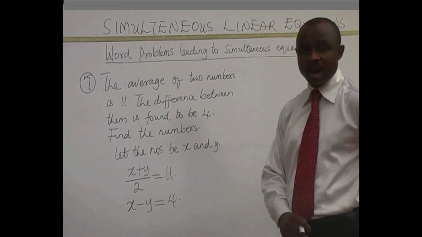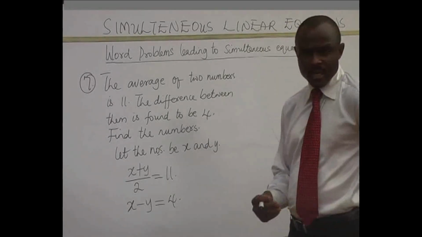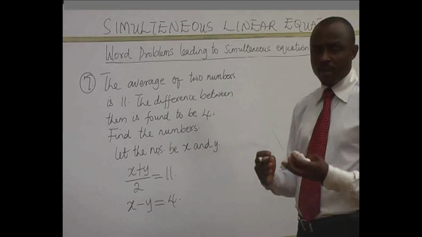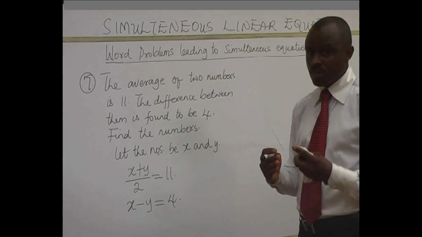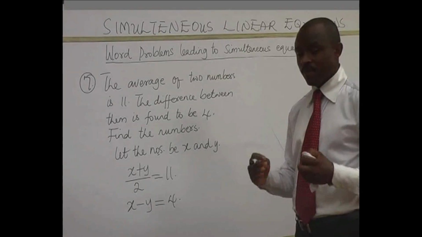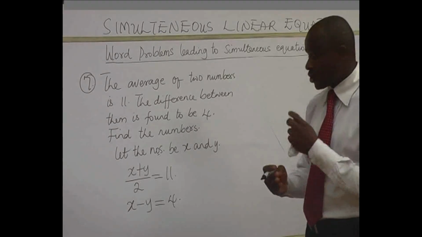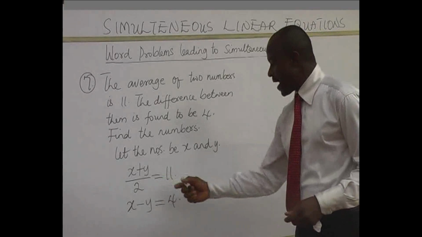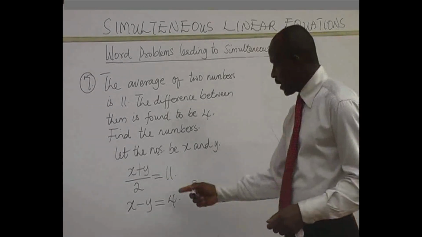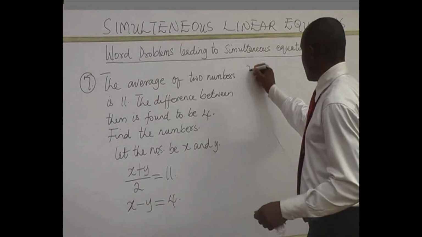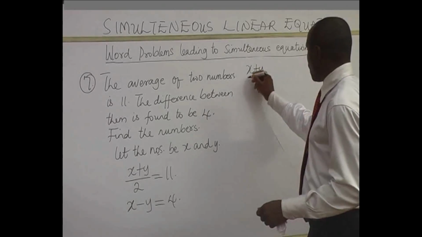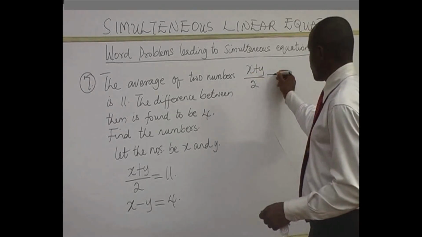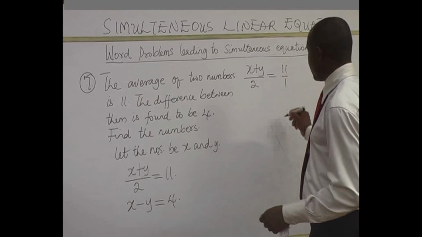If you simplify now, you will go ahead using any of the methods. Don't use the graphical because it takes more time. Use either the elimination or substitution method. Now, let's simplify the first equation. What this means is x plus y all over 2 is equal to 11 all over 1.